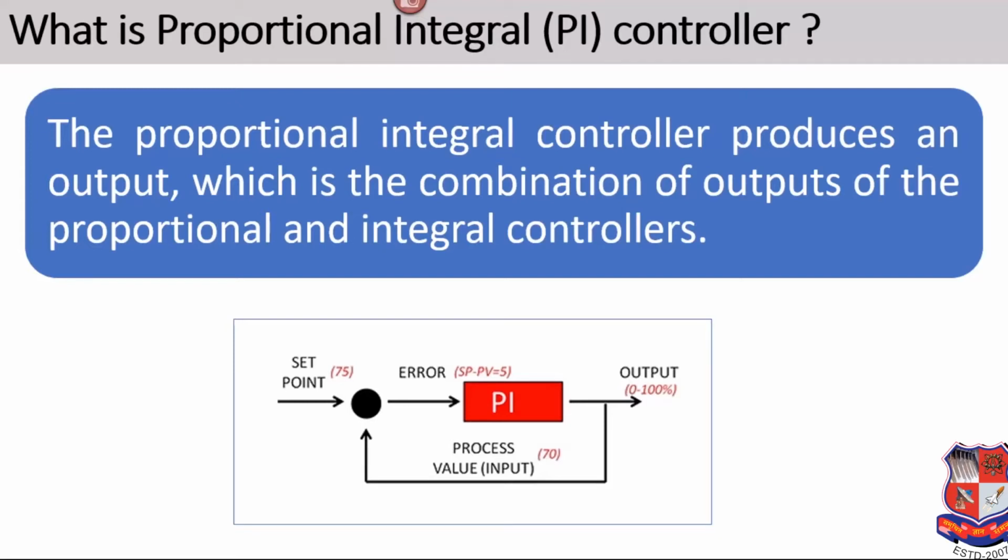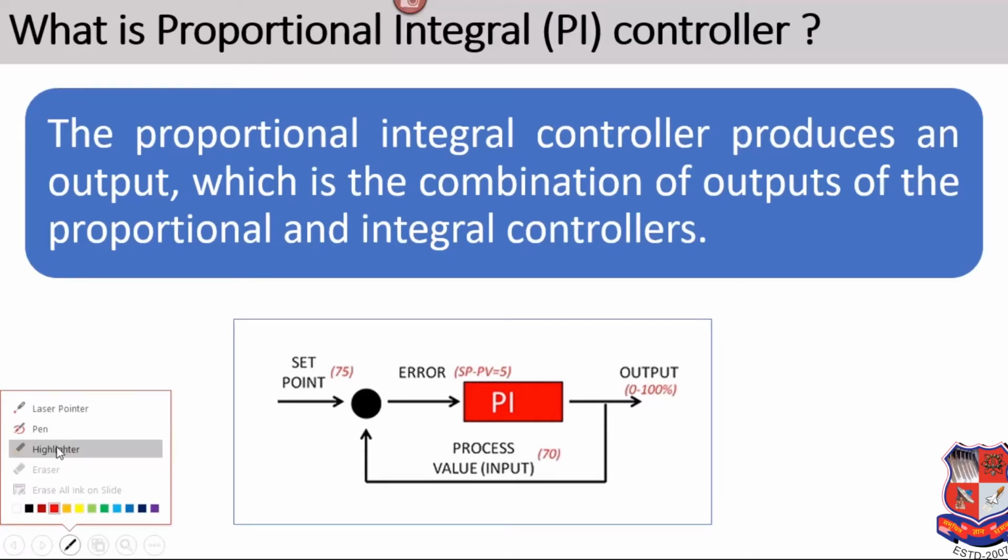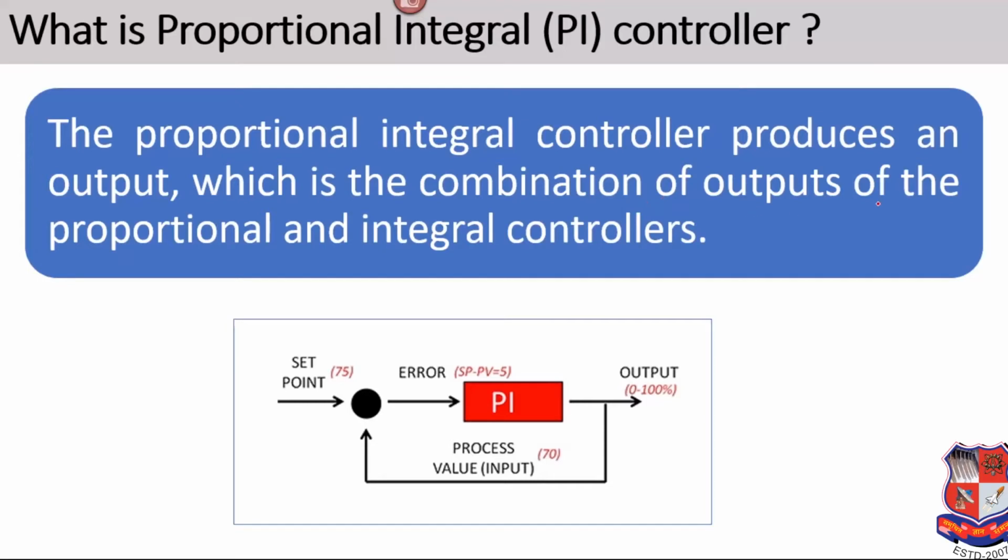The definition of the proportional integral controller is that it produces an output which is the combination of the outputs of the proportional and integral controllers. Now let us see an example.